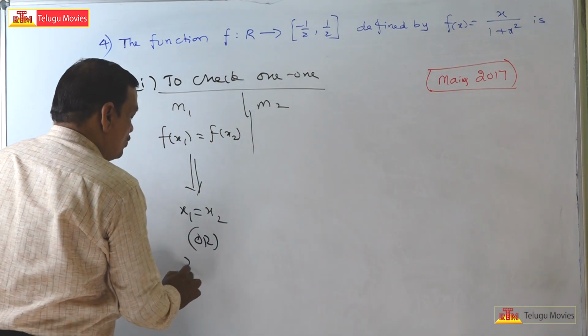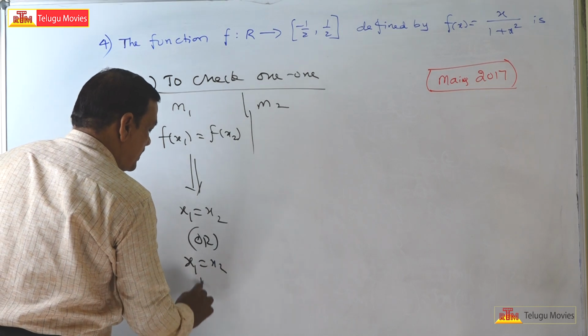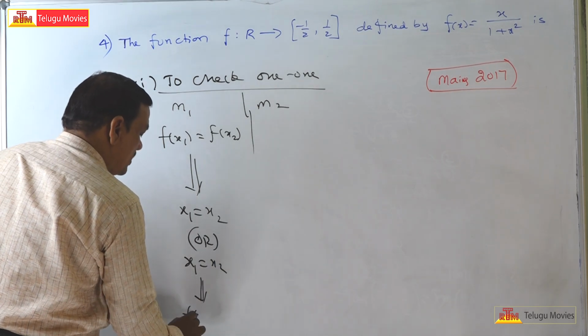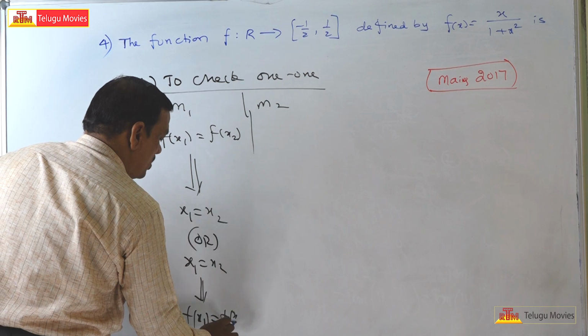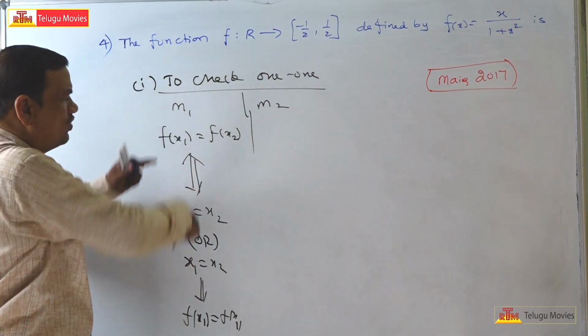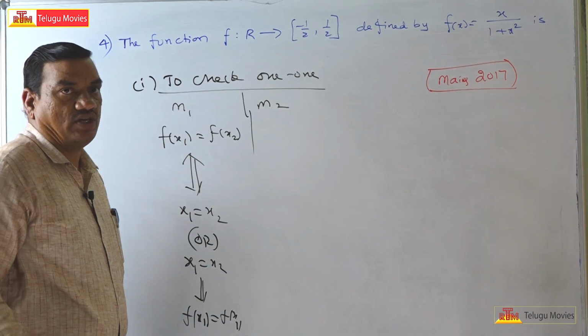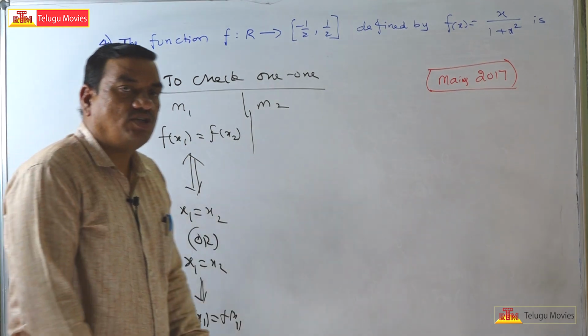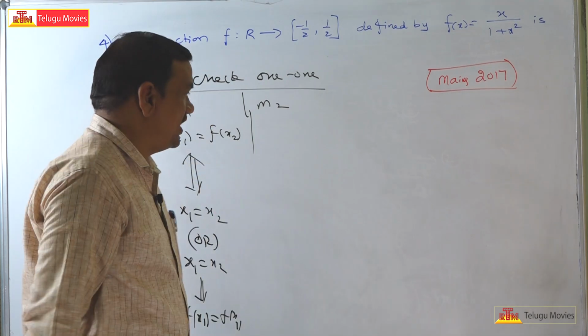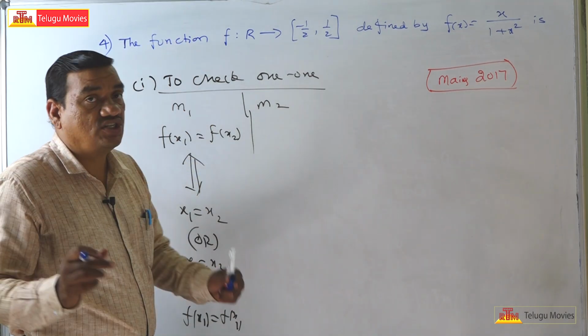Another one is to start with x1 is equal to x2 and arrive at the conclusion f of x1 is equal to f of x2, that is vice versa. Then you will get the conclusion that f is a one-one function. But for all types of problems, it is not possible. The one and only very easy method is differentiation.